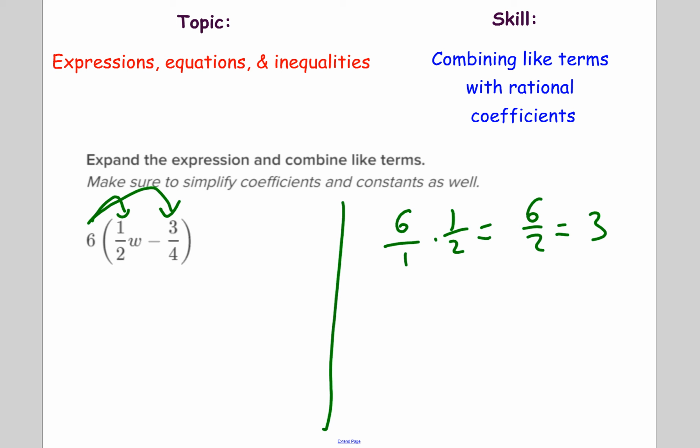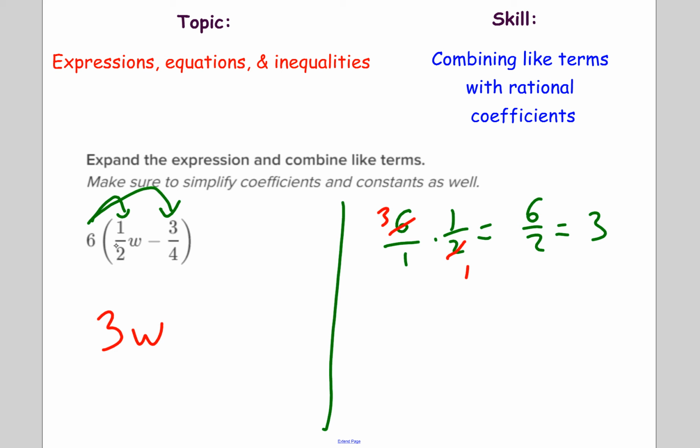Another way to think about it is if I simplify 2 and 6, that would simplify to 1 and 3, and my numerator would be 3 times 1, which is 3. My denominator would be 1 times 1, so 3 over 1 is 3. However you look at it, 6 times 1/2 is 3.